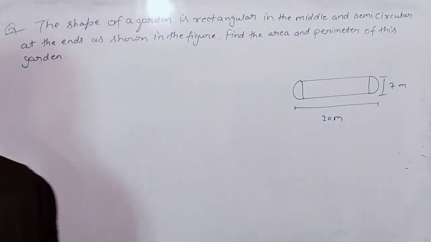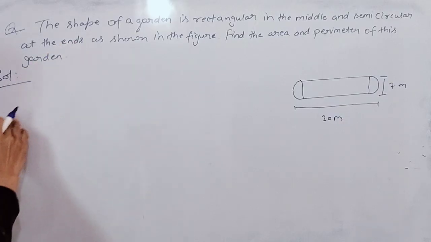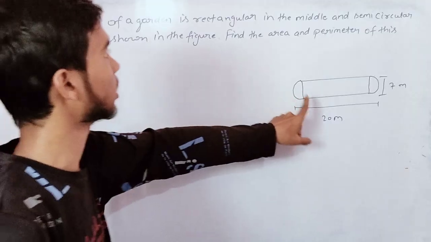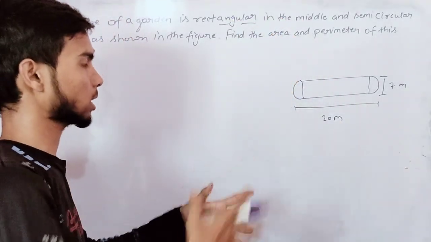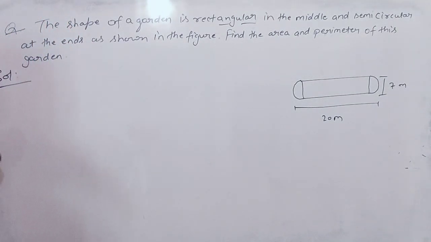We have this complete question. What is it asking? The shape of a garden is rectangular, with the ends circular.